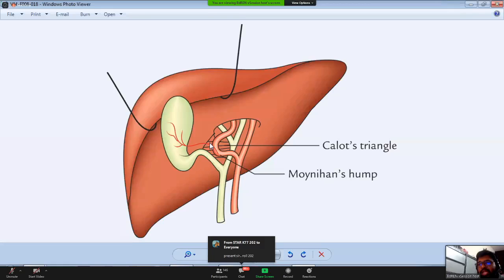There's a loop that is called Moynihan's hump, and if this is not identified properly, then when you ligate the cystic duct, mistakenly you would also be ligating the Moynihan's hump, that is, the artery as well, and it would be cut along with the cystic duct, and there would again be bleeding. So this Moynihan's hump is very important for the surgeons to identify.